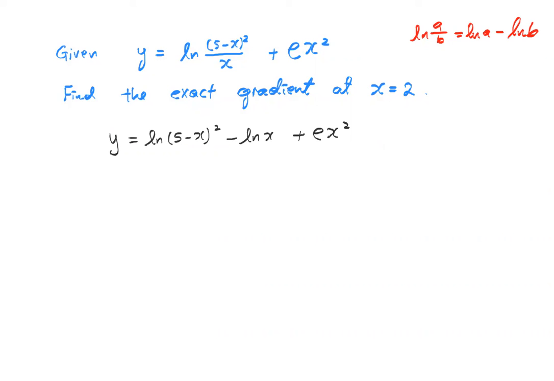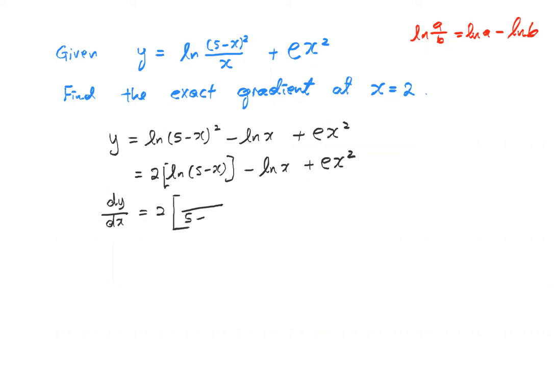So this will be 2 times ln (5 minus x), take away ln x plus e x squared. Now I'm ready to find the rate of change, or the gradient function. So I have my dy dx equal to 2 over 5 minus x. No calculator, please. SAT 1, no calculator. Negative 1 on top, am I right?